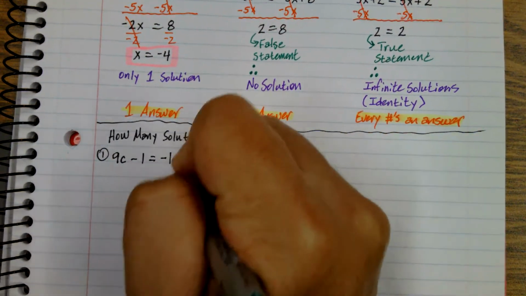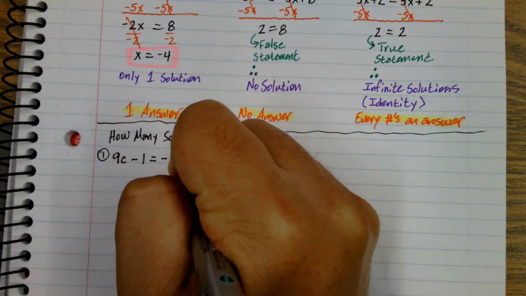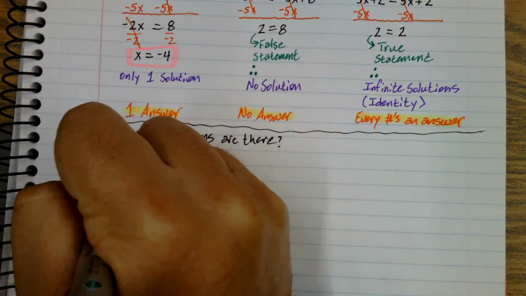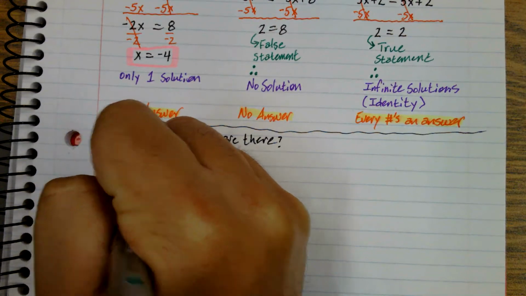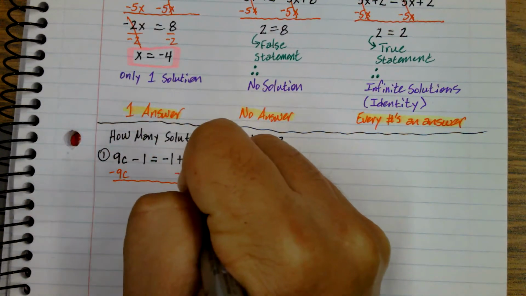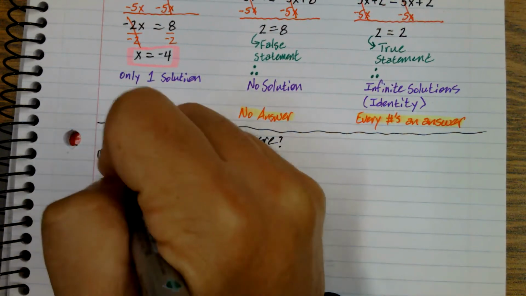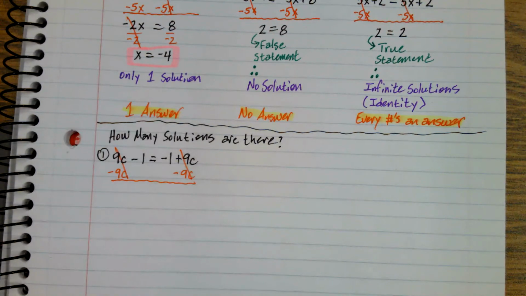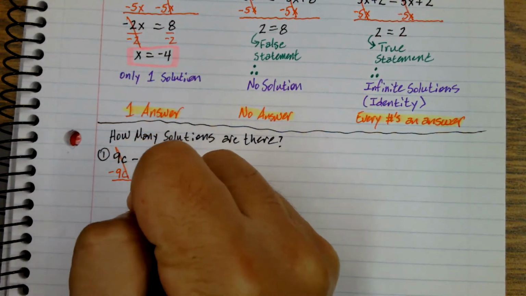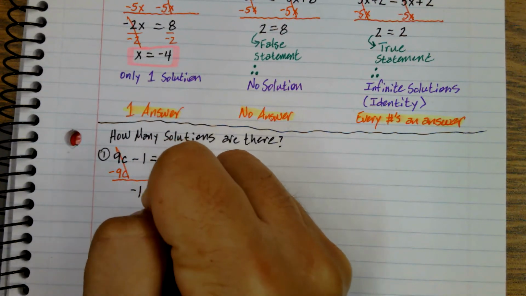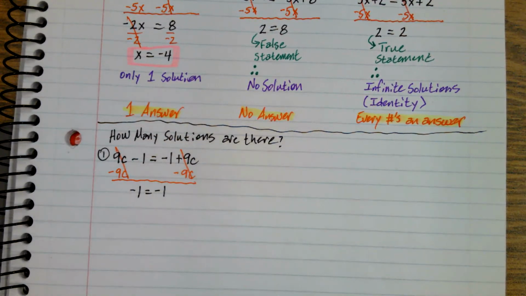So we get rid of 9C. But it cancels out on both sides. And I end up with -1 on the left side equals -1 on the right. So this tells me there's infinite solutions.